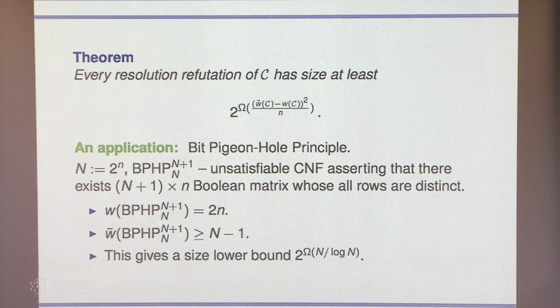So the problematic thing that can happen is that you have a short proof, but there are quite big clauses in it. But a clause is a disjunction of variables. Now, what will happen if you pick a variable at random and you fix it to either 0 or 1?